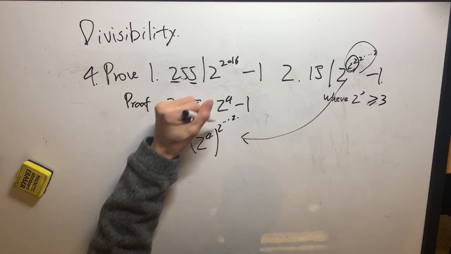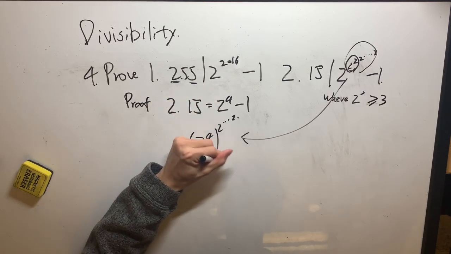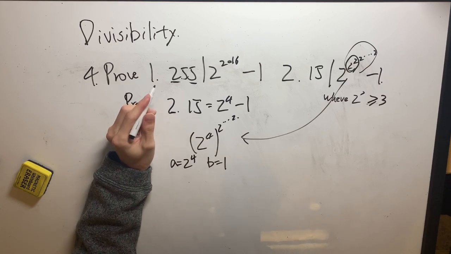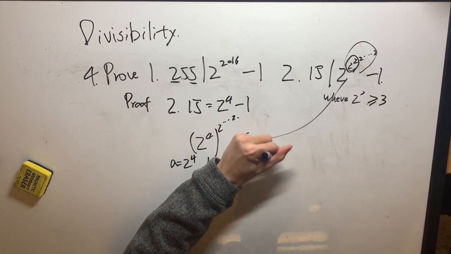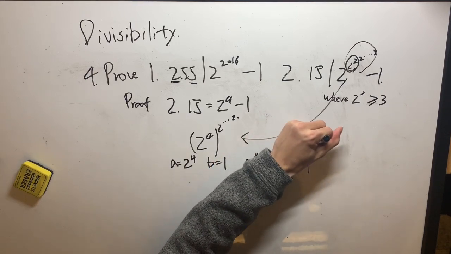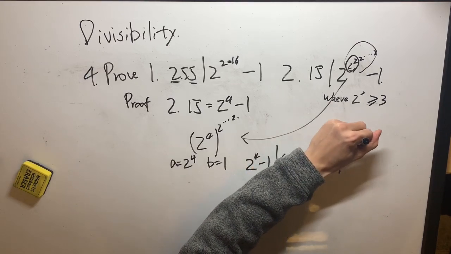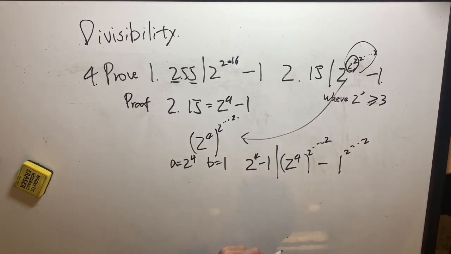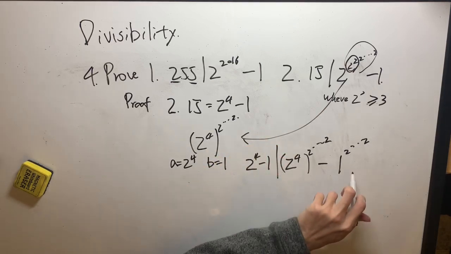Thus, a is equal to 2 to the 4th and b equals 1, the same as the first question. So 2 to the 4th minus 1 divides 2 to the 4th to the power of the remaining tower of 2s, minus 1. So this solves the question.